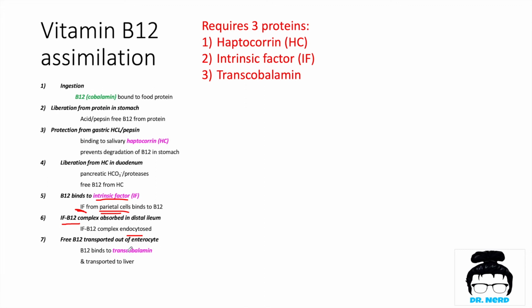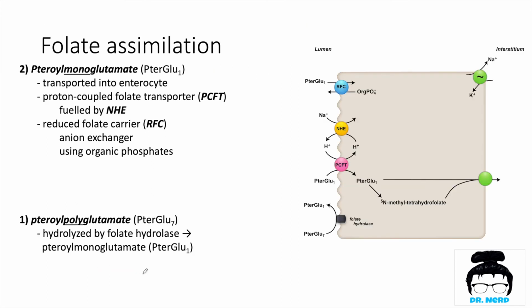Now folate assimilation. You have the pteroyl monoglutamate. It has 3 methods of transportation from the lumen into the enterocyte.